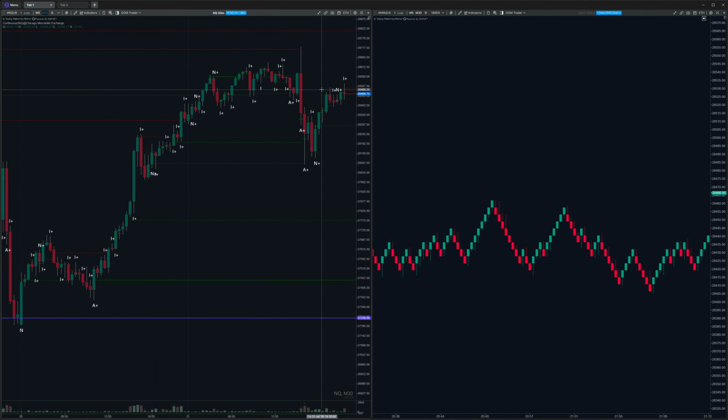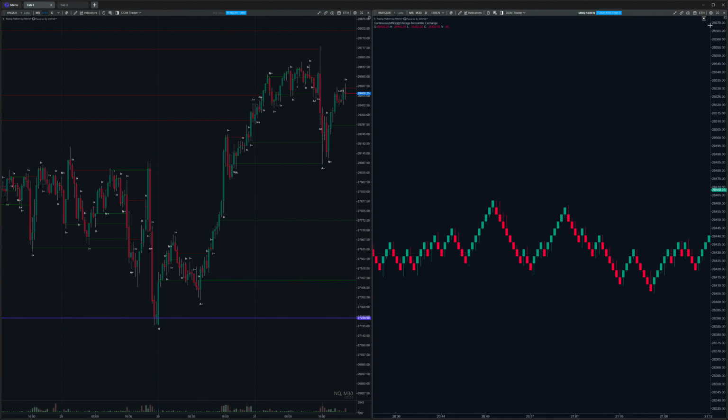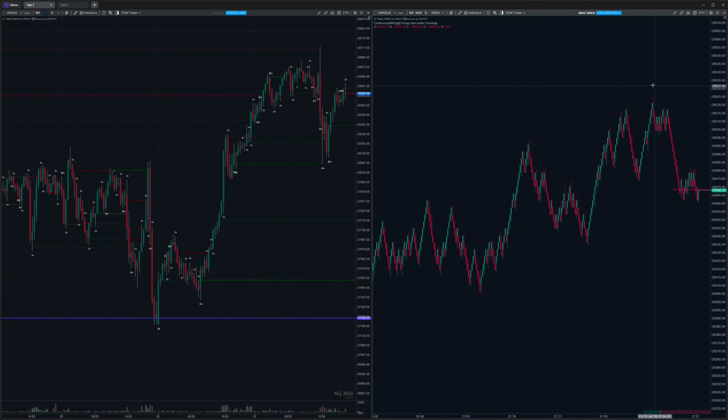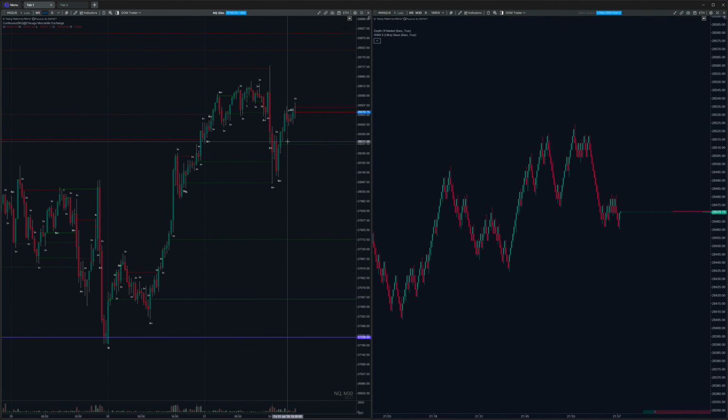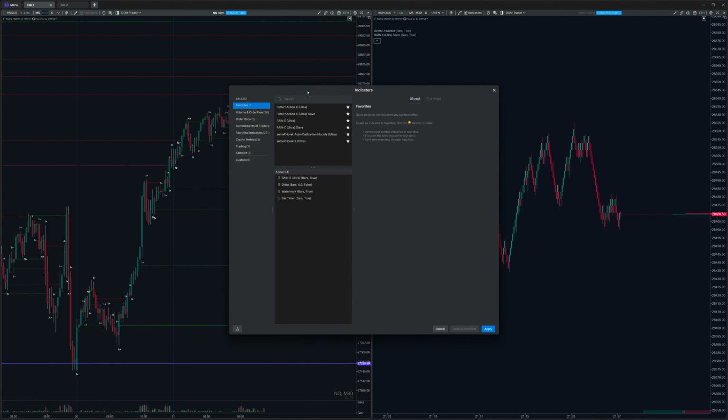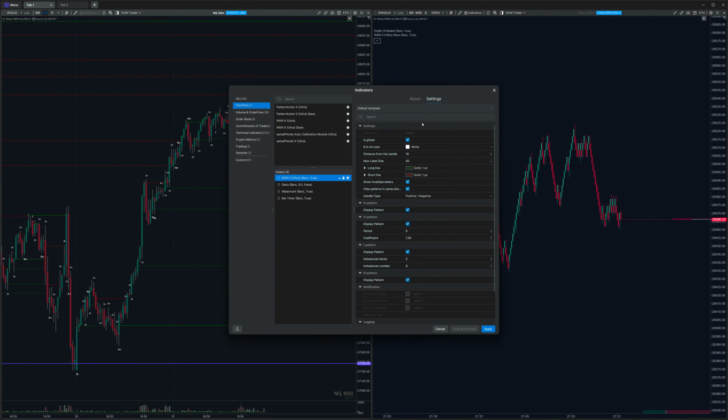Then I get the lines on the chart. Look at that. I don't see any lines. I don't know why. Something's wrong.